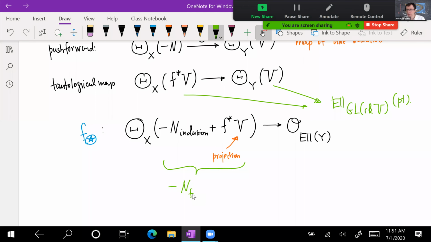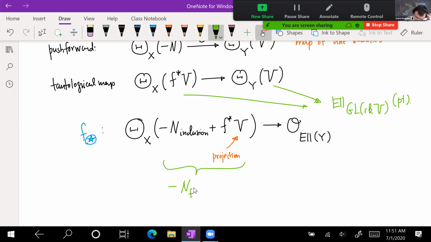So if you want to define a notion of a normal bundle to a map, you can define it if it's a composition of an inclusion and a projection, with the inclusion having some normal bundle which is complex, and then a projection along the fibers of a complex projection.